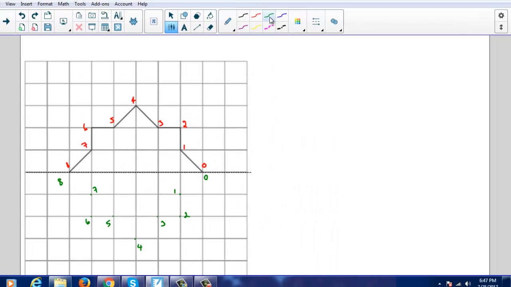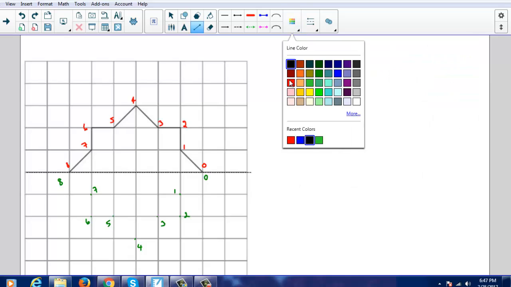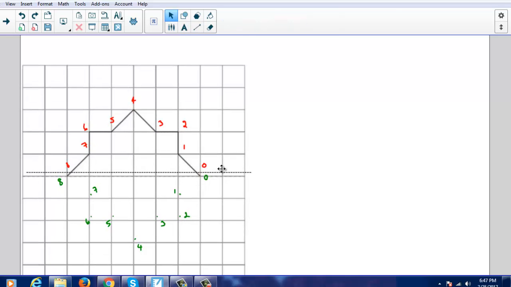Now it's my job to complete the line in green. So I'm gonna choose, let's say this thickness, and make sure that this is in green. And now I'm gonna start to join these numbers.